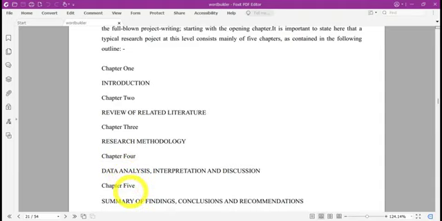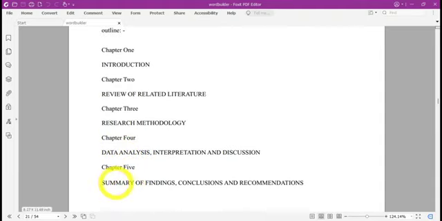After that, you move to chapter 5, the summary of findings: all the results you have gotten, you summarize them, and then you give your conclusions. After your conclusions, you do your recommendation. Your recommendation is based on your findings and your conclusions.